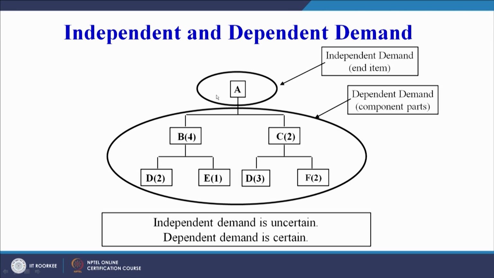If we know how many A products we have to make, we can certainly calculate how many B will be required, how many C will be required, or what sub-components will be required to make the final product. For the independent demand there may be some probability involved in focusing on the exact number, but the dependent demand will be certain in nature because it is being calculated from the independent demand.